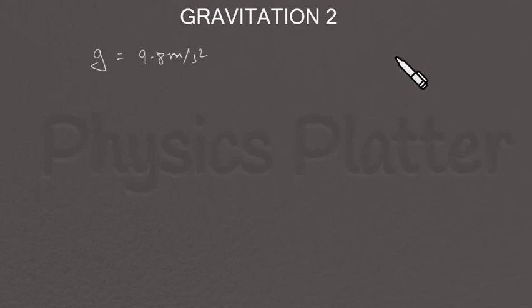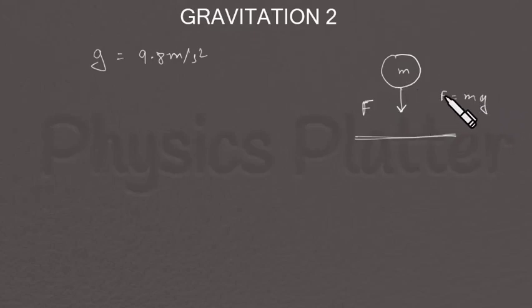So if there is a body of mass m, it is attracted by the earth with a force which is called the gravity or the weight of the body, which is given as mg, m into g, where g is the acceleration due to gravity and m is the mass.